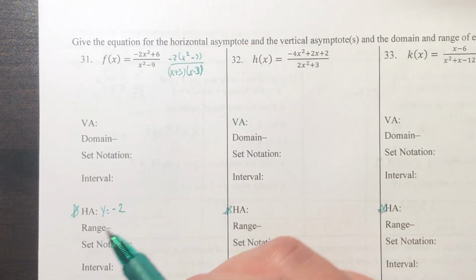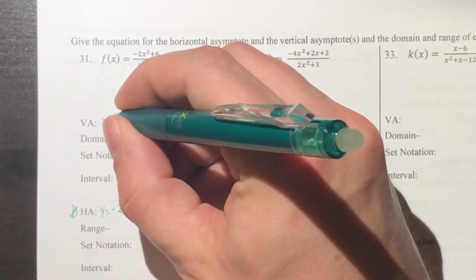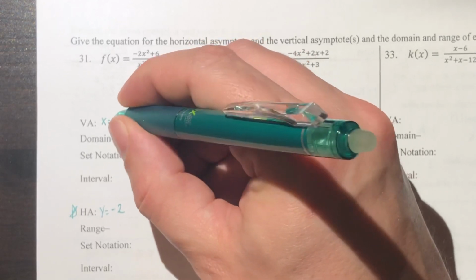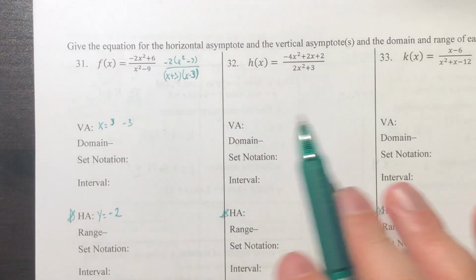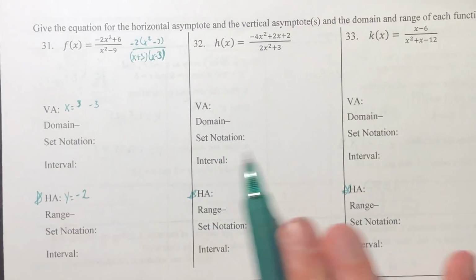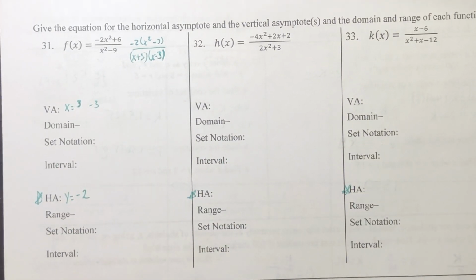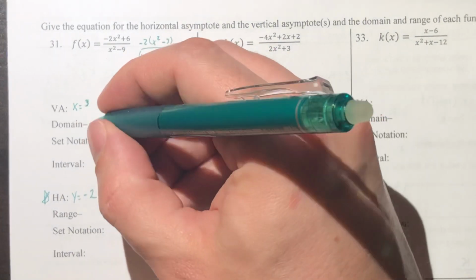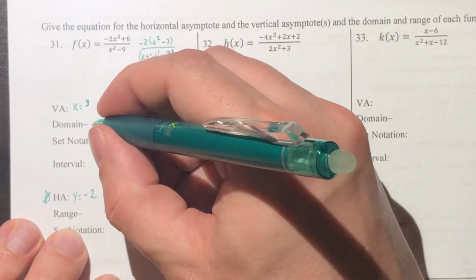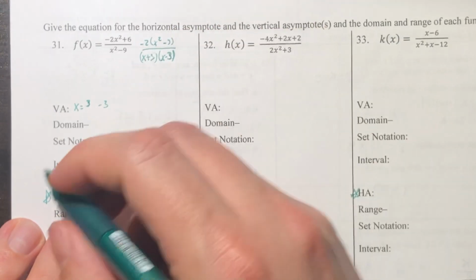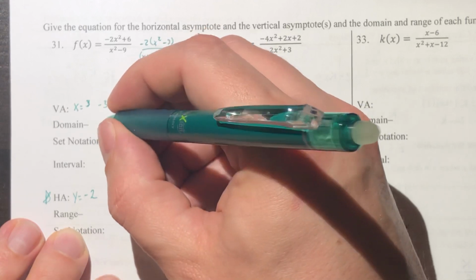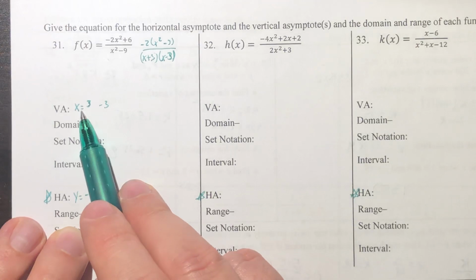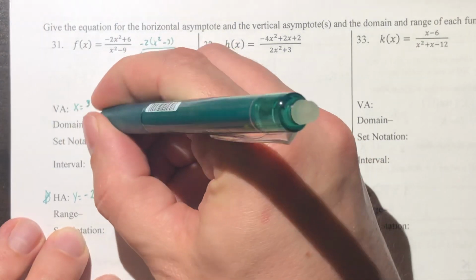We have 2 vertical asymptotes at x equals 3 and -3. Okay, so for these 3 questions, we're not actually going to do a lot of the information on here. What you need to know for your domain is everything except the values from your vertical asymptote and if you had any hole, okay?